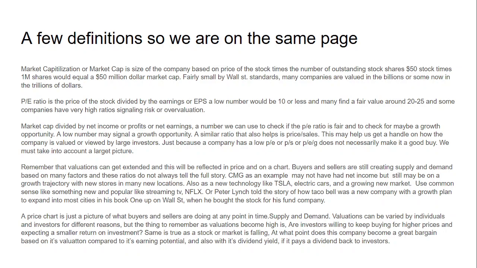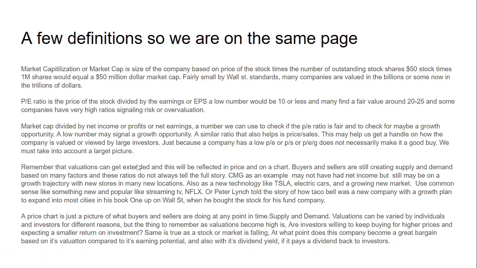We must take into account a larger picture, including context of the market, context of the sector or industry that stock is in also. Because many times, just because the company has low ratios or good earnings, it still may be in a downtrend, or it may be in an industry that's been kind of beaten up, okay?